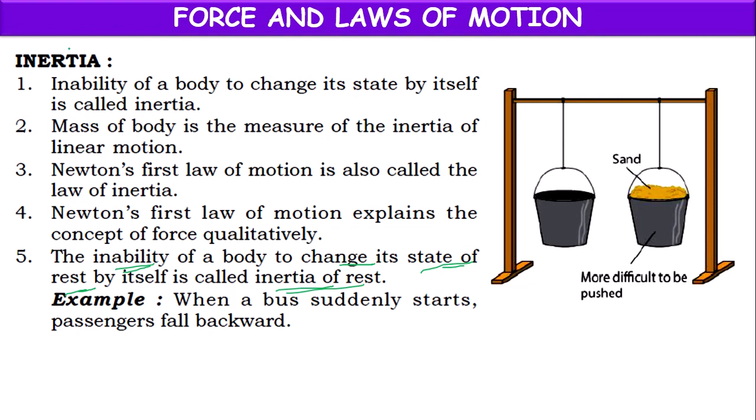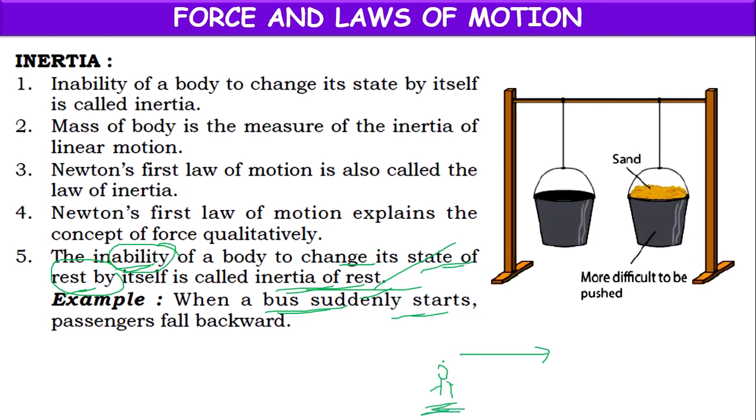So here, in inertia we have some types. The inability of a body to change its state of rest is called inertia of rest. Suppose when a bus suddenly starts, before it starts, you will be at a rest position. If the bus suddenly starts, though the bus is moving forward, your body tries to stay there only.